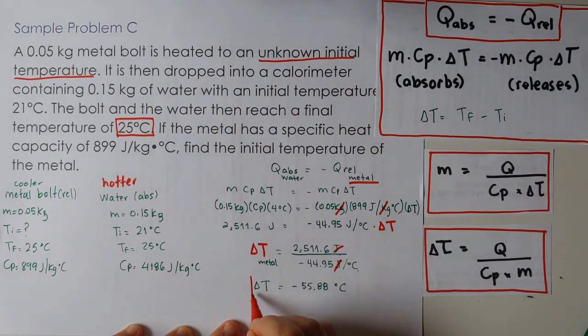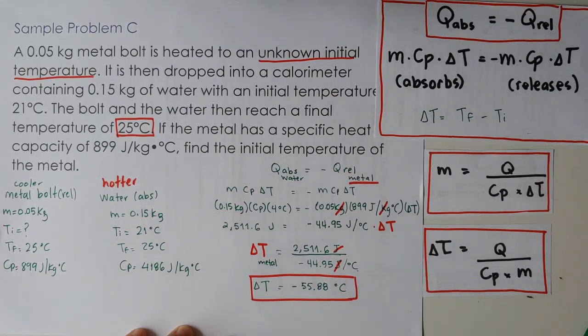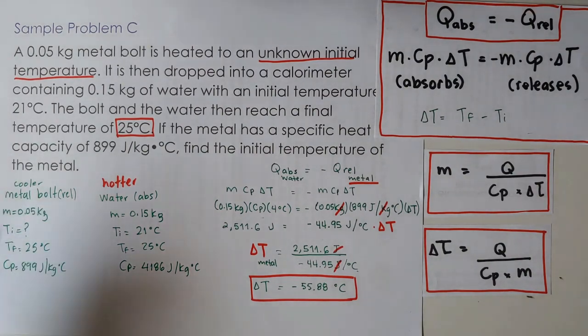So, does it make sense? I always tell you that we need to analyze our answers. From the beginning, we said that the metal is getting cooler. That's the idea. They place it into the water in order to get it cooler.